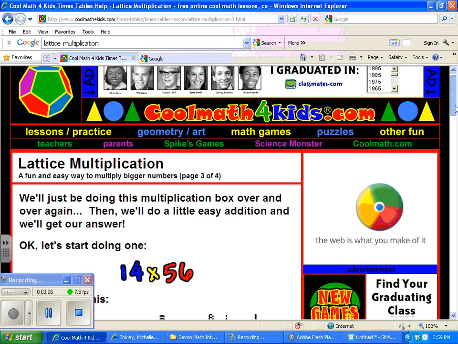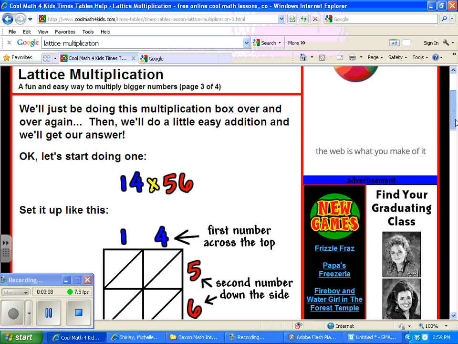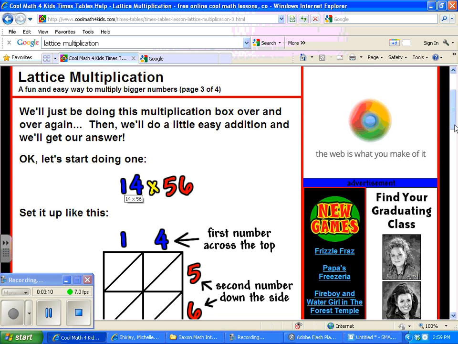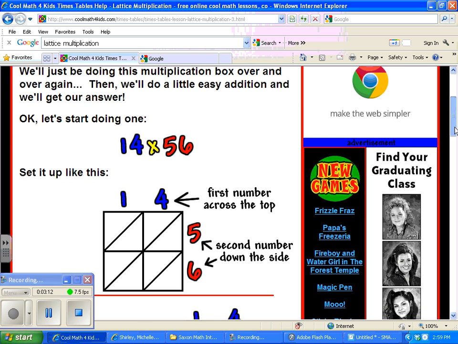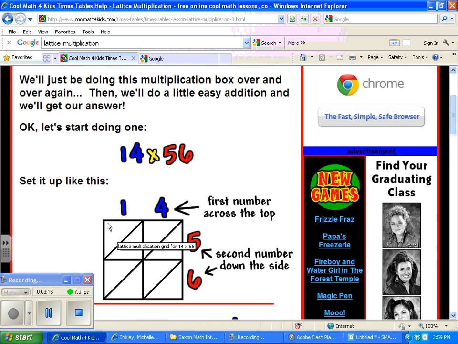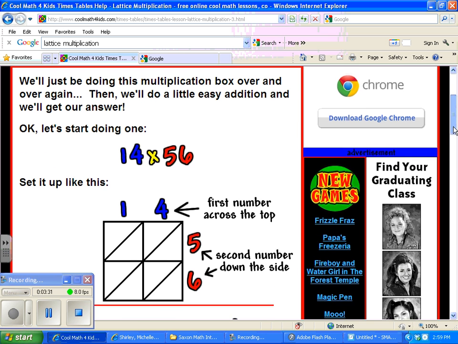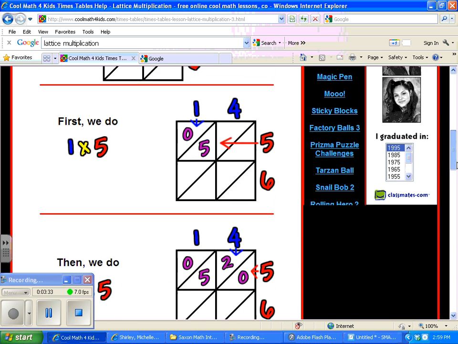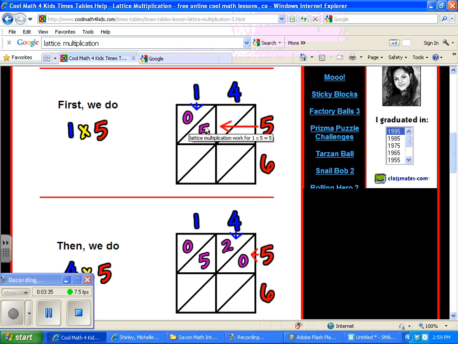Now let's try a problem that looks like what we're working with today. 2 digits times 2 digits, 14 times 56. So here's how you would write it. You would draw a 2 by 2 square and then divide each of those little squares diagonally. And we're going to start here with 1 times 5, and look how they write the answer, a 0 and a 5.